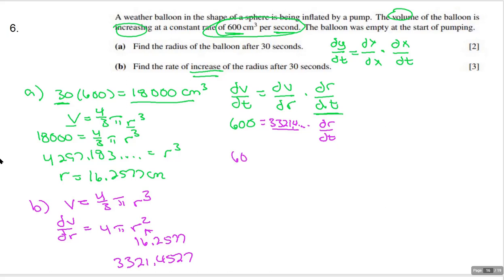So it's going to be 600 divided by 3321.4527. And that's going to equal the rate changing over time. And when I do that, I get approximately 0.180643, which is going to round to 0.181, 3 significant figures.